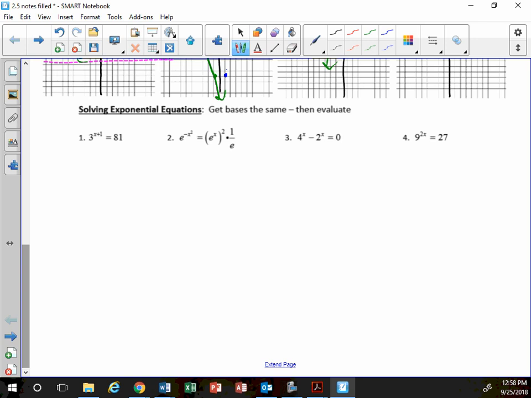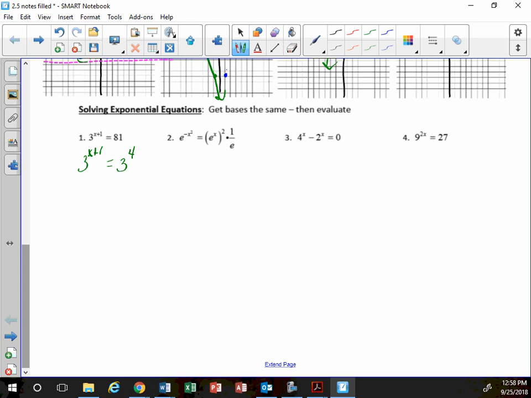All right, when we have an exponential equation, you want to make the bases match on both sides of your equation if you can. If you can't, then you're going to have to involve logs in some way. But for right now, I can make my bases match, right? So what base do you think I want to use on number 1? 3, yes. So I'm going to have 3 to the (x plus 1) equals 3 to the 4th.